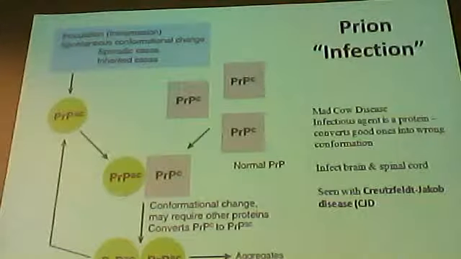When it aggregates, that's when you've got the problems in the body. The typical cases are mad cow disease, or one called Kuru, which occurs in certain indigenous tribes because they eat brain tissue, but it's not as common. And the most famous one is Creutzfeldt-Jakob disease.